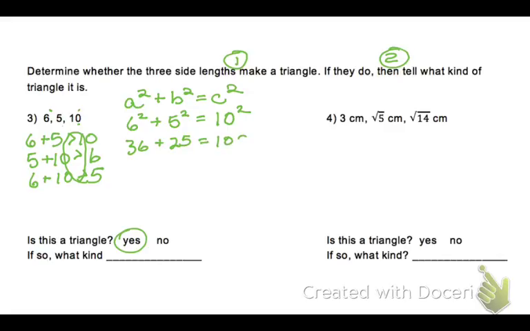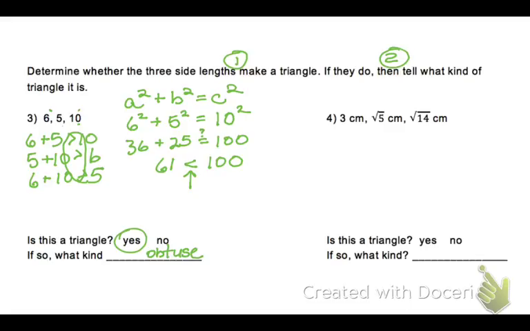Is that equal to 100? Well, we don't know if it's equal, but it might be different than 100. So 36 plus 25 is 61, which is less than 100. Okay, so we know because it's less than 100, then it must be obtuse.